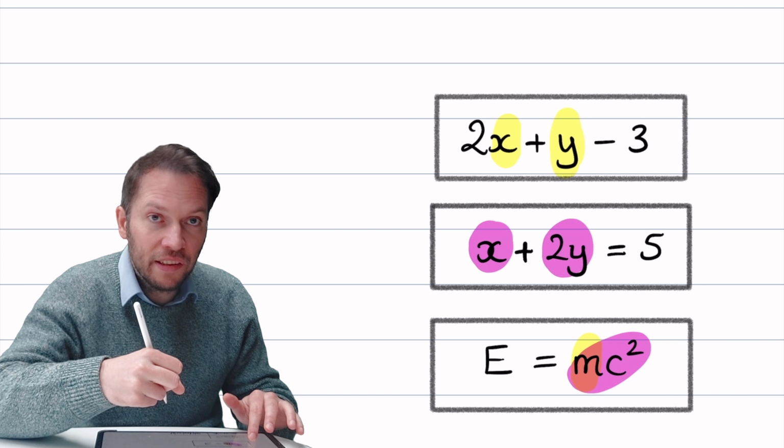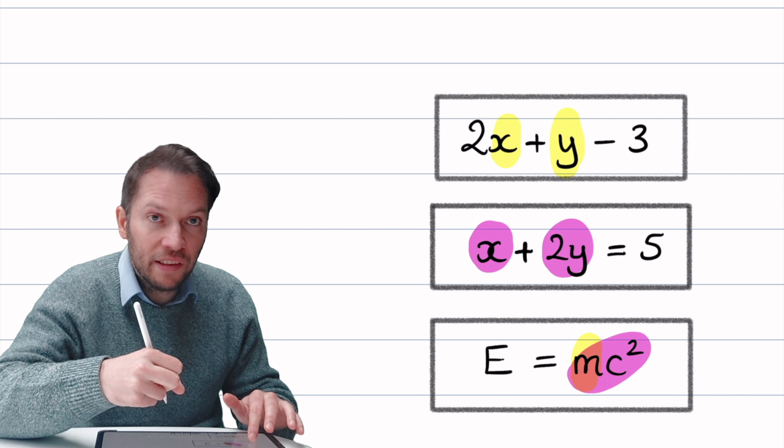Now, a constant, this one's a bit more complicated. Usually when we refer to a constant, it's like when we have a constant term. So it's a term that doesn't have any variables in it. So for example, this 5 here, that's a constant, and constant just means it's fixed in value, it can't change. So the 5's been fixed in value, so that would be an example of a constant.